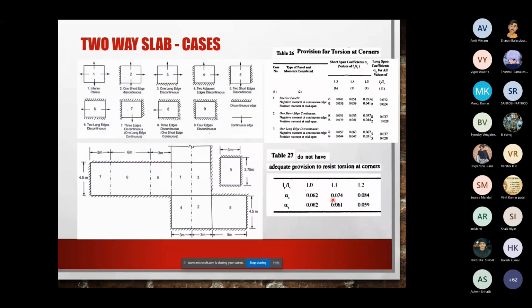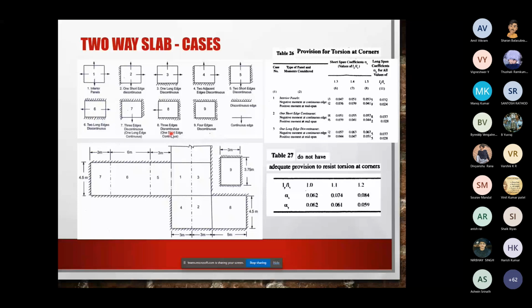And these are the general cases which will also find place in your IS 456. Okay, interior panel. So there are basically 9 different cases. You can just read the terms. Interior panel, one short edge discontinuous, one long edge discontinuous, adjacent edges discontinuous, short edge discontinuous, 2 long edges discontinuous, 3 edges discontinuous, 3 edges discontinuous with 1 short edge being continuous.